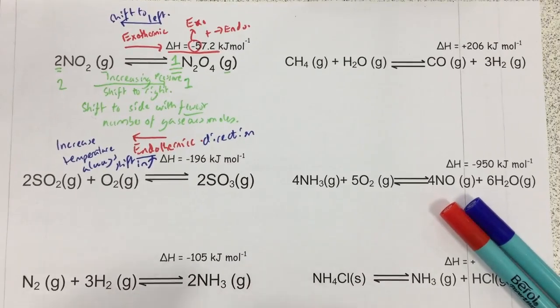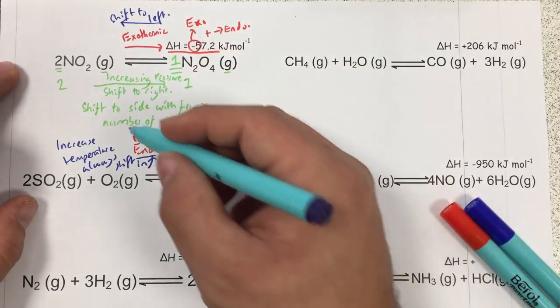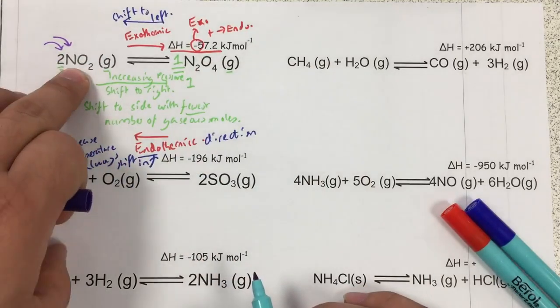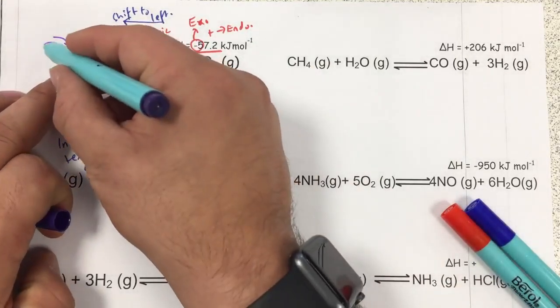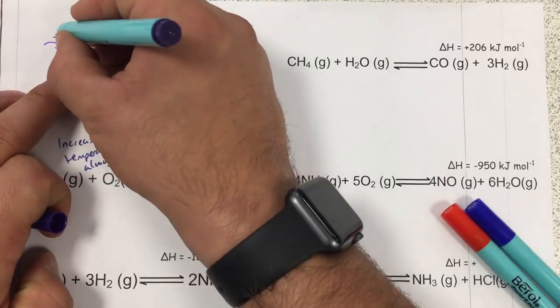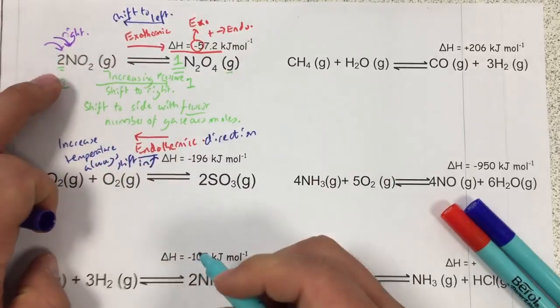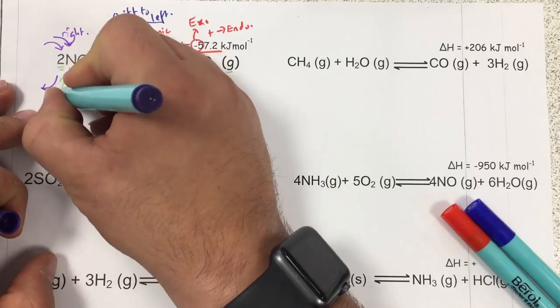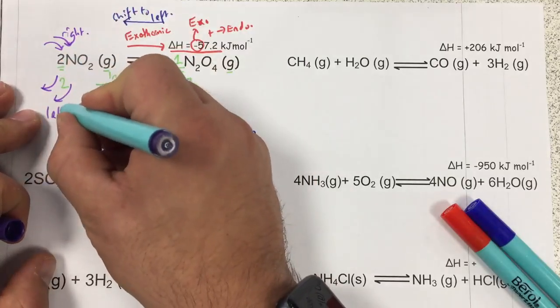The last thing we need to be able to do is what happens if we add or take away chemicals. Very simple, right? If I am adding more nitrogen dioxide, then you can see the general direction of these arrows is to the right. If I was taking nitrogen dioxide away, then the general direction is to the left.